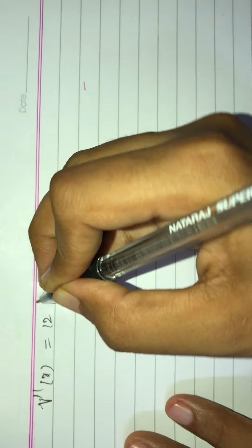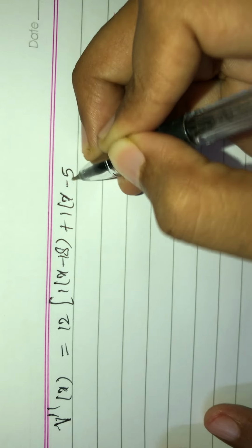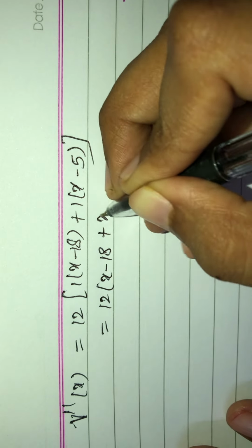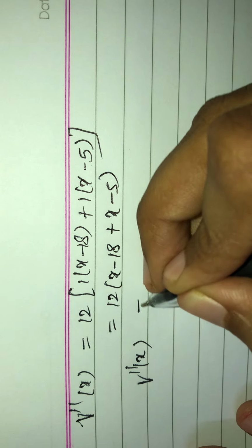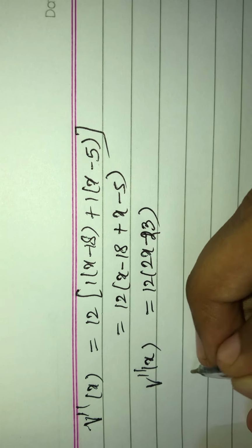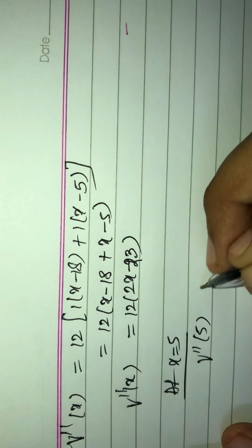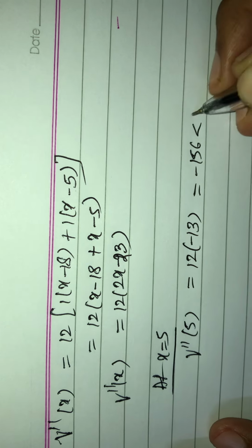Now calculate the double derivative. I will be getting 12 into x minus 18 plus x minus 5, so V double dash x will be 12 into 2x minus 23. So at x equal to 5, you will be getting V double dash 5 as 12 into minus 13, which is minus 156, which is less than 0.